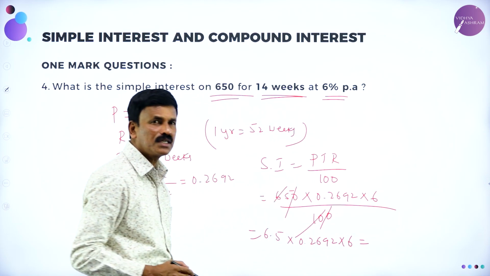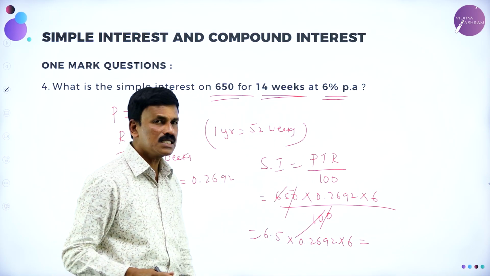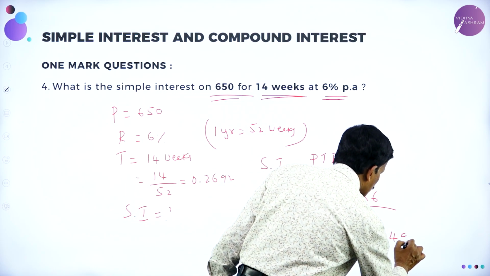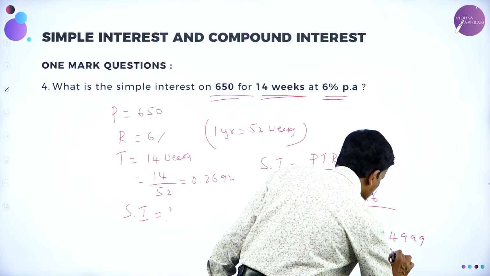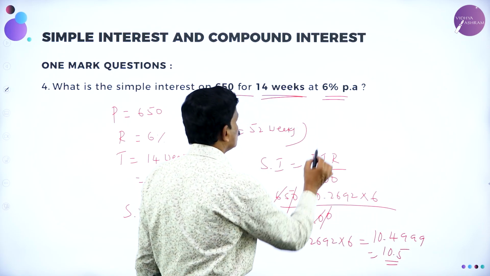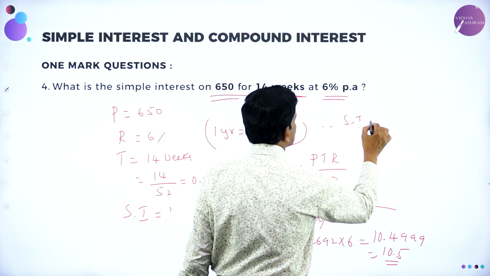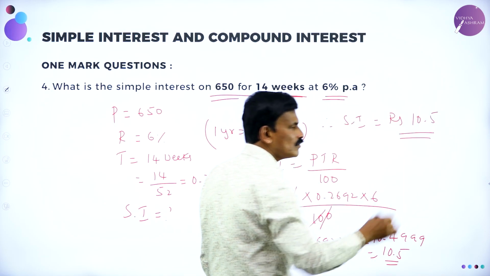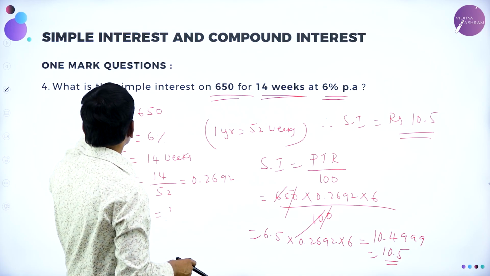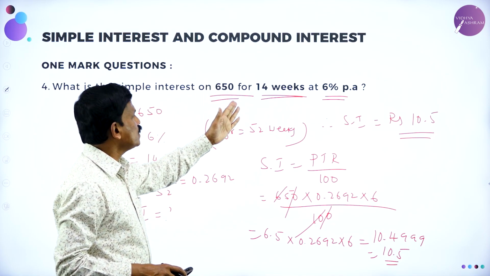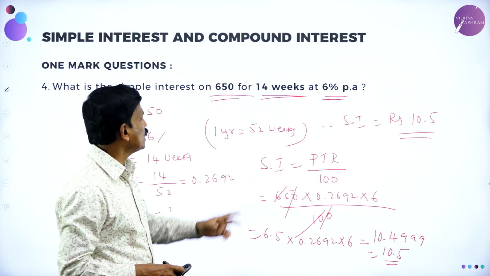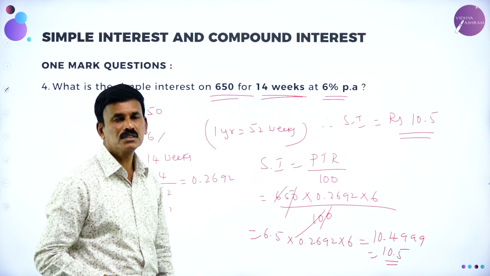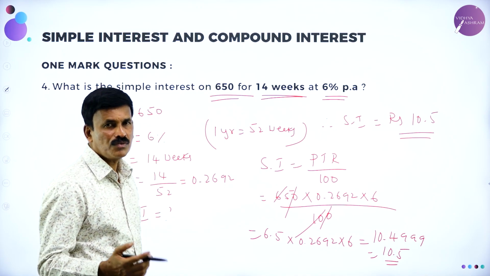After simplification, you are going to get 10.499, that is nearly equal to 10.5. So therefore, the simple interest on rupees 650 at the rate of 6% per annum for 14 weeks is rupees 10.5. Very simple concept.